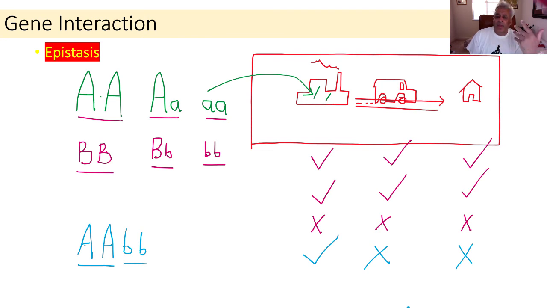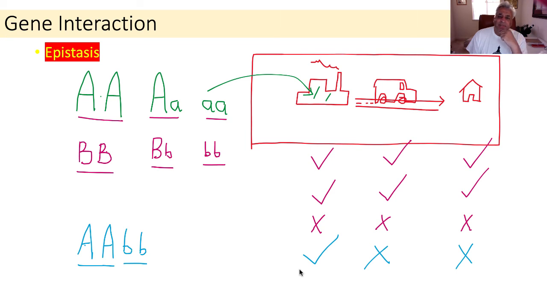And then you have a detrimental phenotype. So how can you tell the difference between this line here, where the factory is broken, and this one here, where the trucks are broken? Well, you can't. You'll have the same phenotype. So this is an example where a second gene can hide the effects of a first gene.